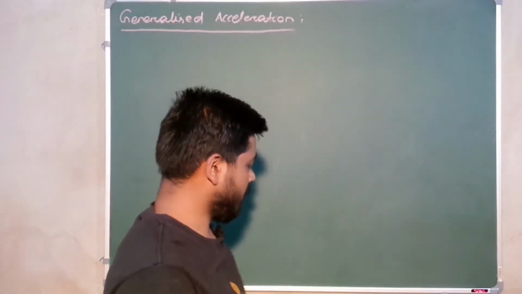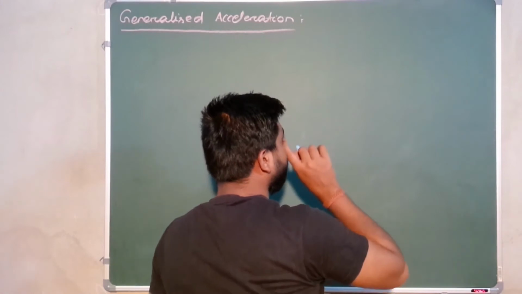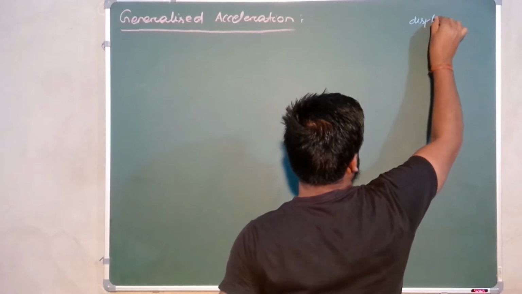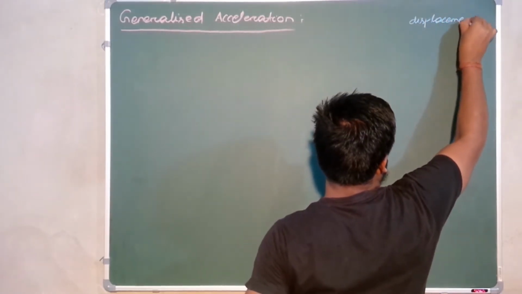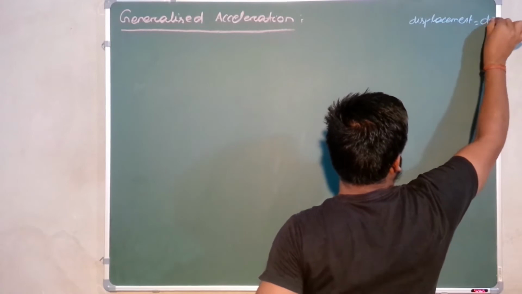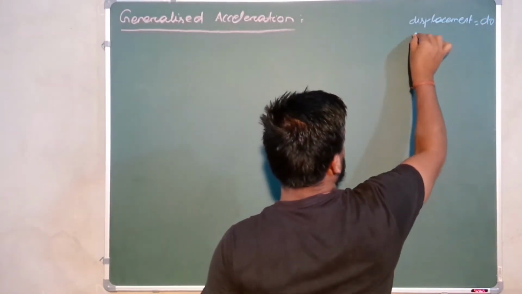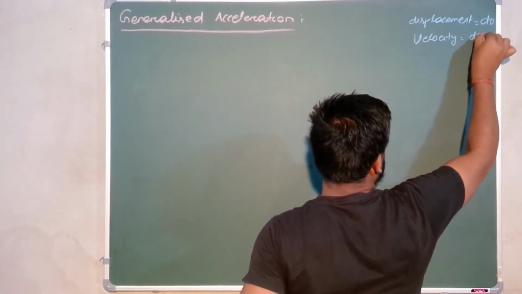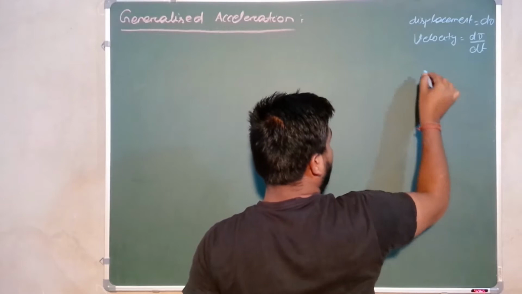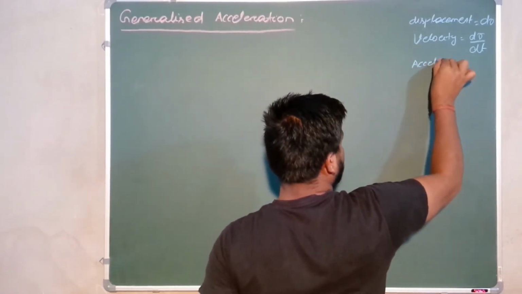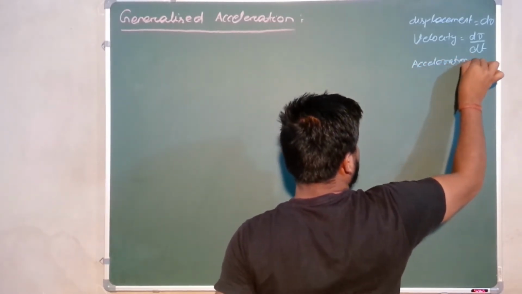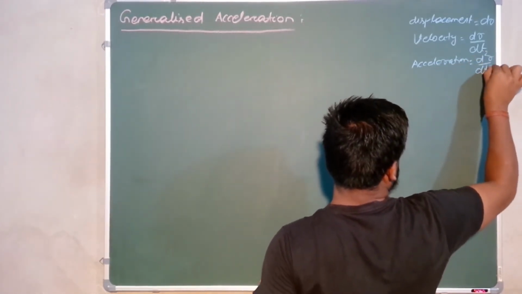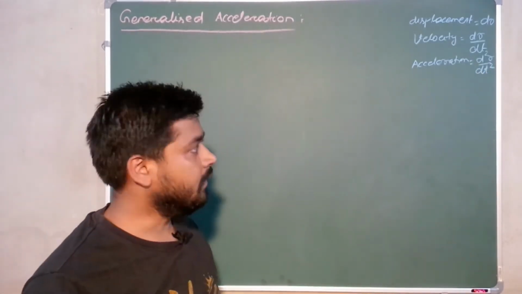First of all, let's write down here. What is the formula of acceleration? Displacement, okay. Velocity is equal to dr by dt, and then acceleration is equal to d square r by dt square.